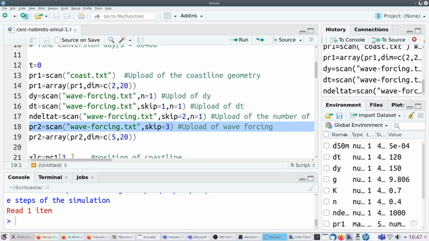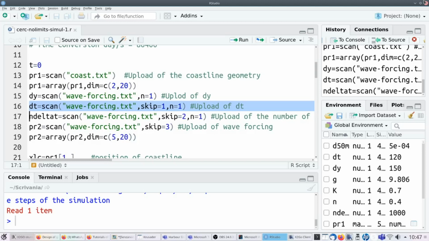One thing, you see that when I scanned dy, I just put the argument n equal 1. When I scanned dt, besides n equal 1, I put another argument, skip equal 1, because I want to skip the first line. Why do I want to skip it? Because I already read it.